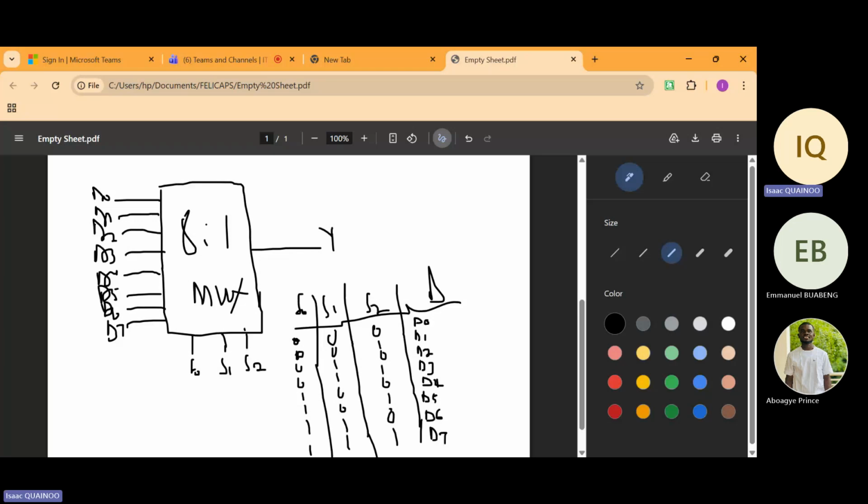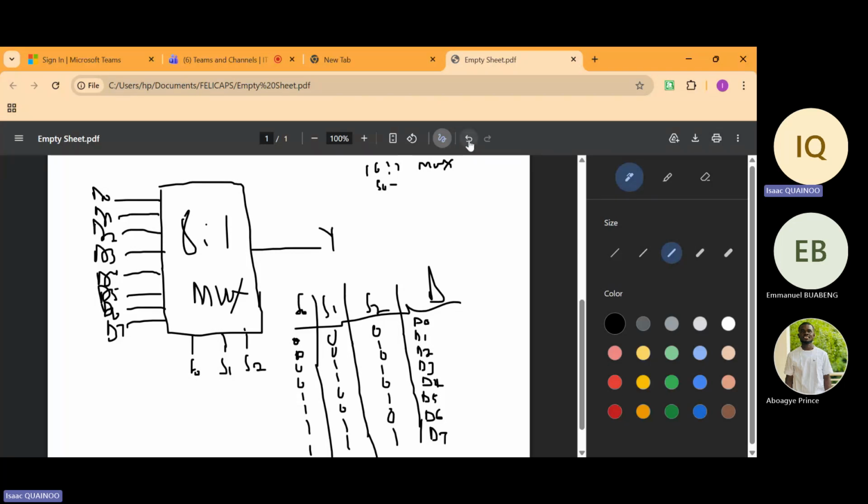So you can be given a question that, let's say, a 16 to 1 multiplexer, or a 16 to 1 mux, has, let's say, selector inputs S0.